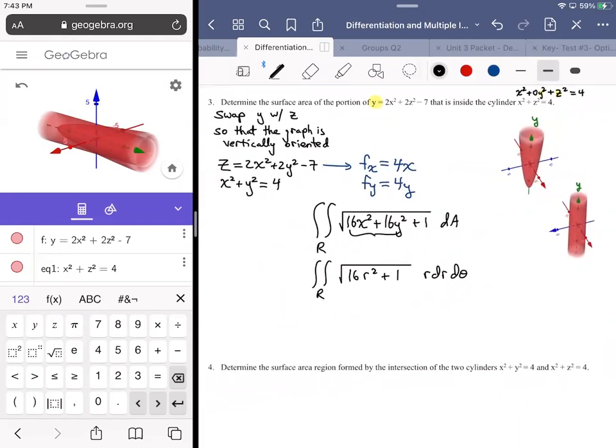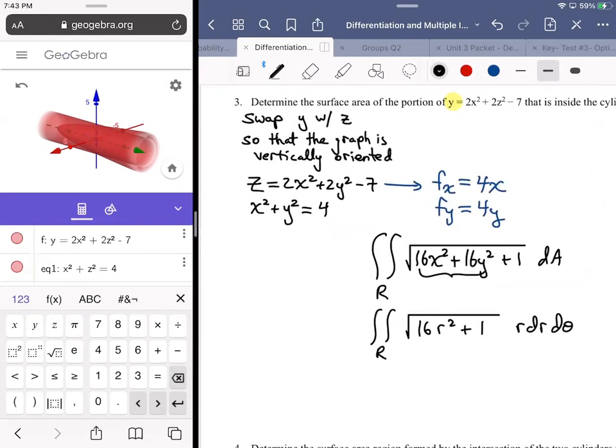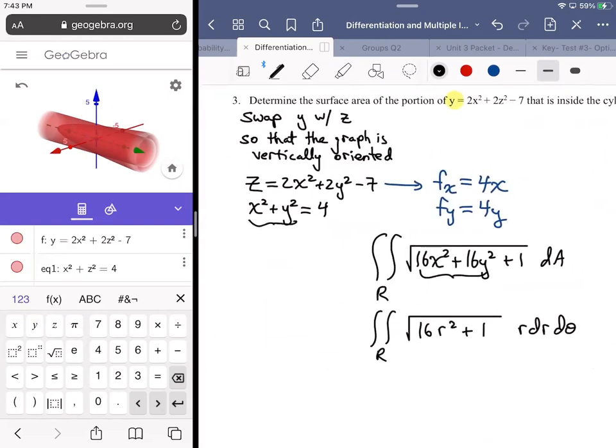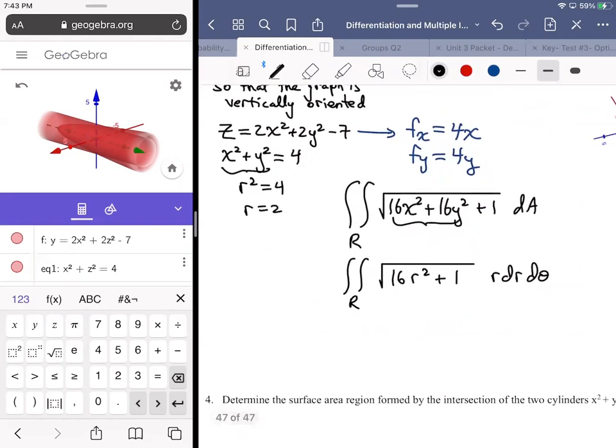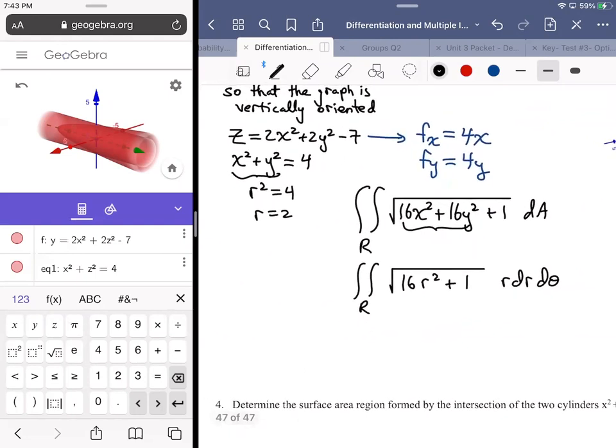Now, it looks like we're going all the way around, right? It's circular, and it's not restricted in any capacity. So we know that r squared is equal to 4, so r would be equal to 2. So I can establish my r bounds as going from 0 to 2.